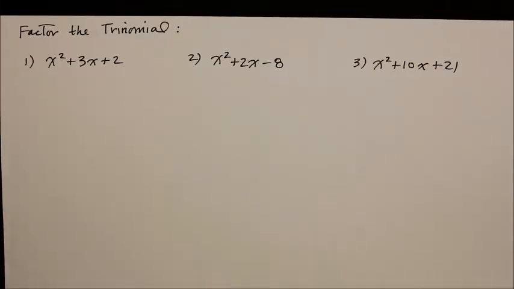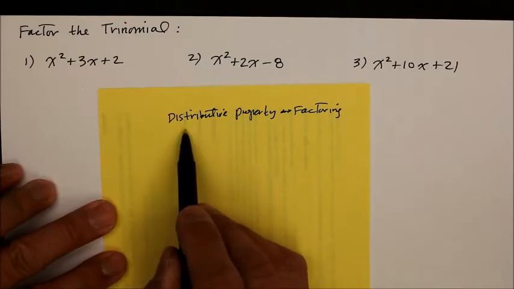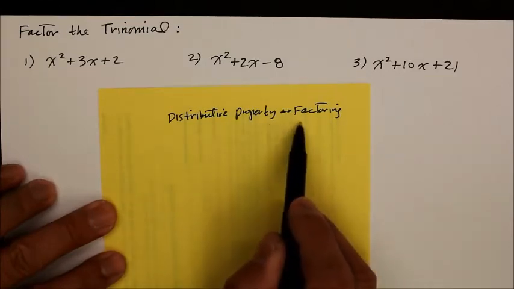Now that we talked about the distributive property, or using the FOIL method to multiply two binomials, we have to go backwards now of the distributive property, which is called factoring. Remember the little note I wrote over here? Distributive property, the inverse operation is factoring.